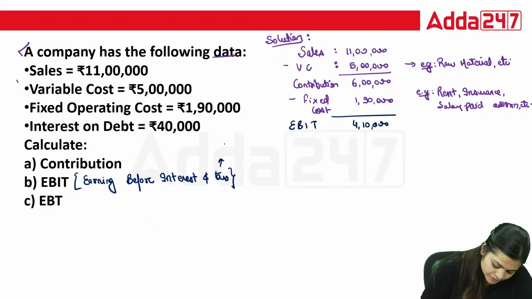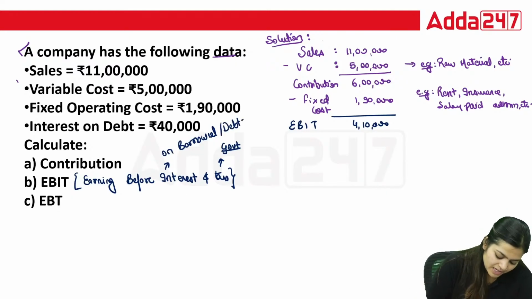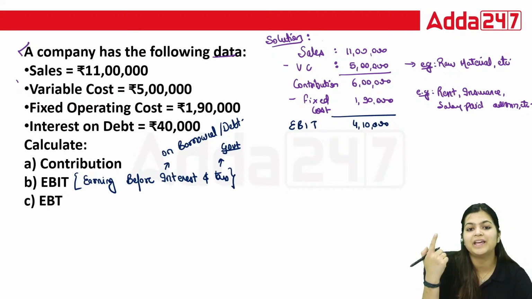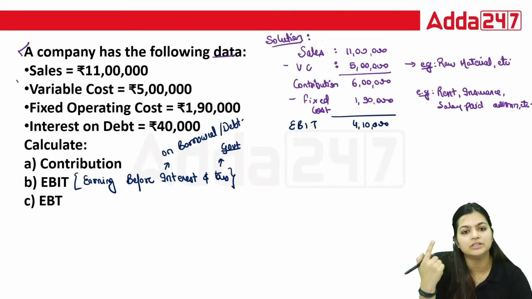So this is the earning you are getting before interest payment and tax payment. You pay tax to government authorities and you pay interest on borrowed amount, or you can say debt amount. So this is the earning before paying your debt amount, before paying your tax amount.